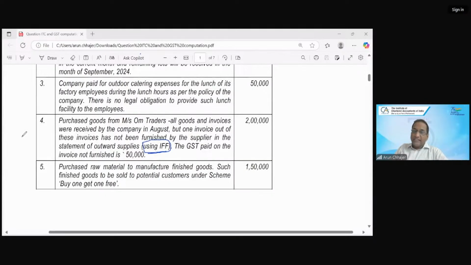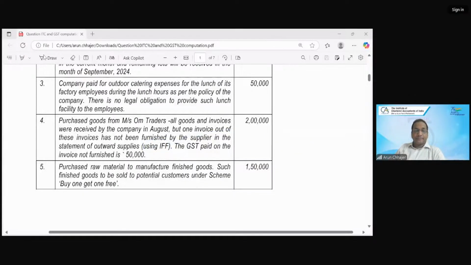IFF helps the recipient to claim the ITC because it will appear in the GSTR2B of the recipient. Thank you. Thank you so much.